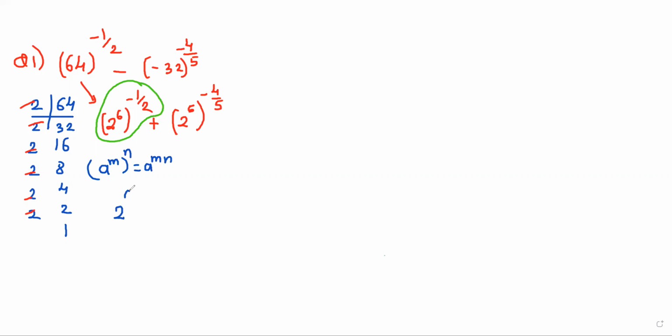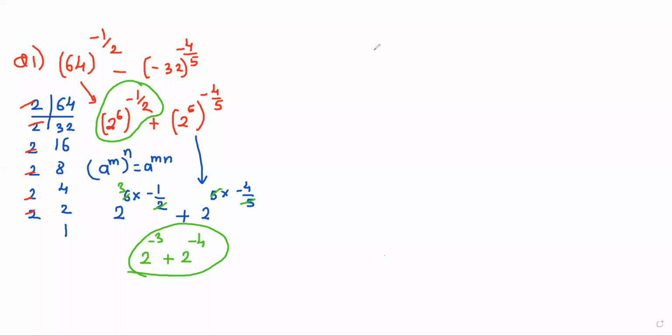So this will be 2 to the power of 6 into minus 1 by 2. In the same way, the second term becomes 2 to the power of 5 into minus 4 by 5. Now I am going to cancel. The 2 and 2 cancel, the 3s remain, and this 5 and this 5 get cancelled. So this will be 2 to the power of minus 3 plus 2 to the power of minus 4. Correct? This is what I am getting.